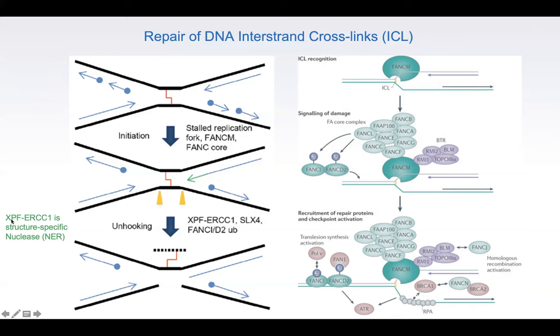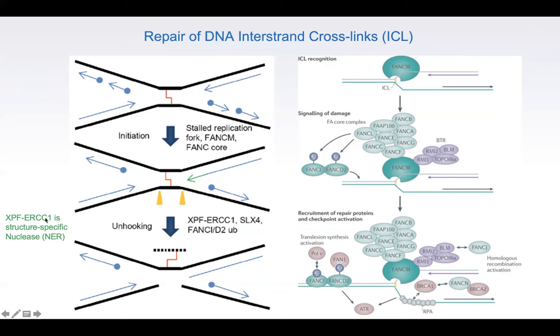Now remember, these are the same two proteins that are important for repairing nucleotide damage through the nucleotide excision repair pathway that we talked about. XP stands for xeroderma pigmentosum. F is group F that was discovered through genetic mutations. And ERCC1 is an accessory factor.